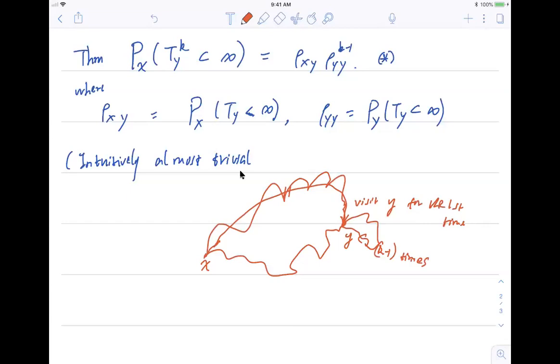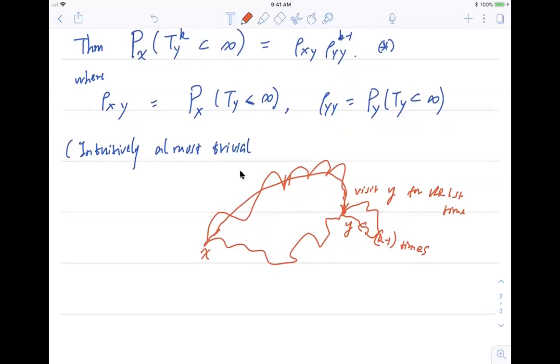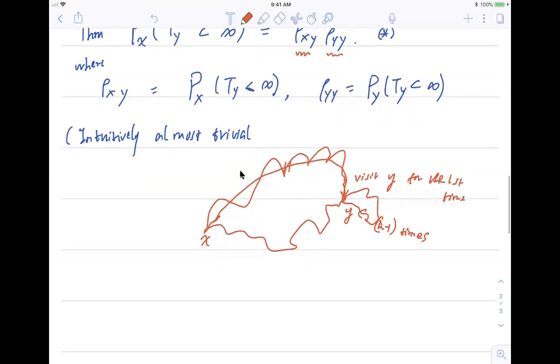Since this is a Markov process, Markov chain, once you reach y, it really doesn't matter what your history is. So that's why you can just multiply those two probabilities together, right? This is proved by induction, but anyway, this is using the strong Markov property.